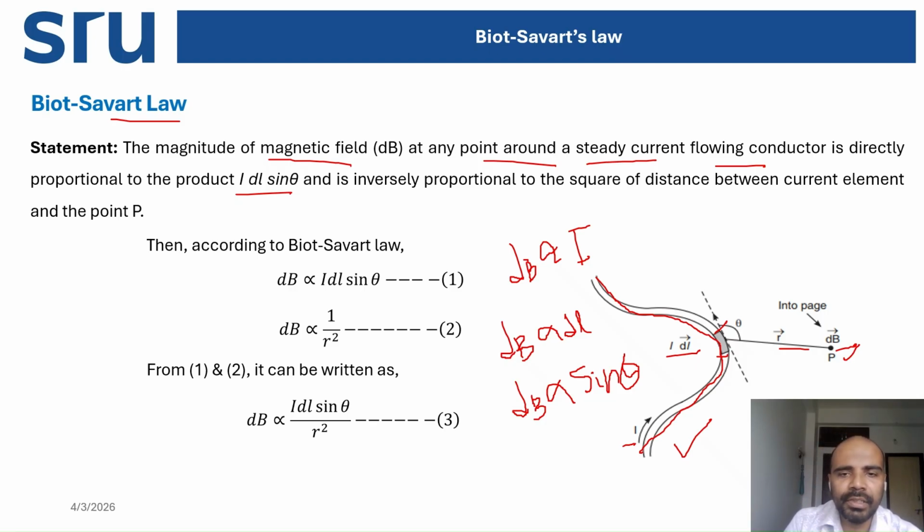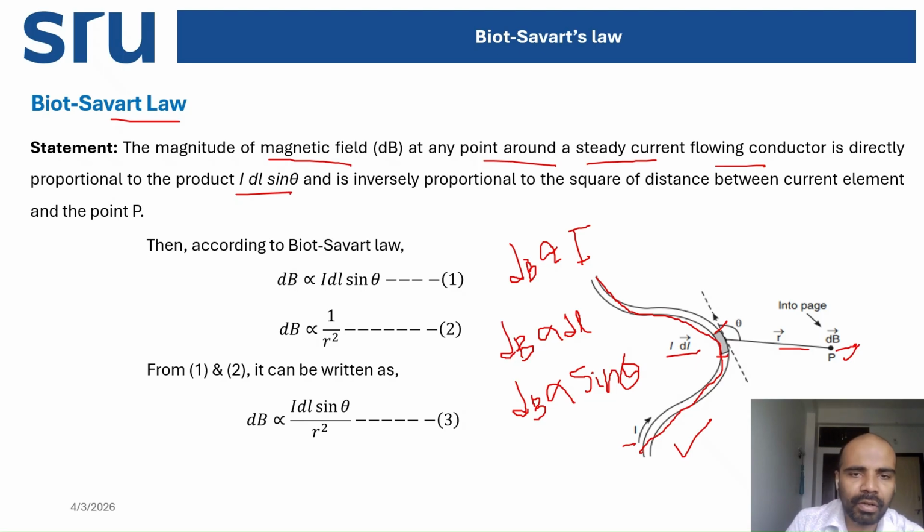So dB is proportional to I, dB is proportional to dl, that is the length of the current element, and dB is proportional to sine theta, where theta is the angle between the current element and the radial vector to the field point P, where we need to obtain the magnetic field due to this current carrying element.